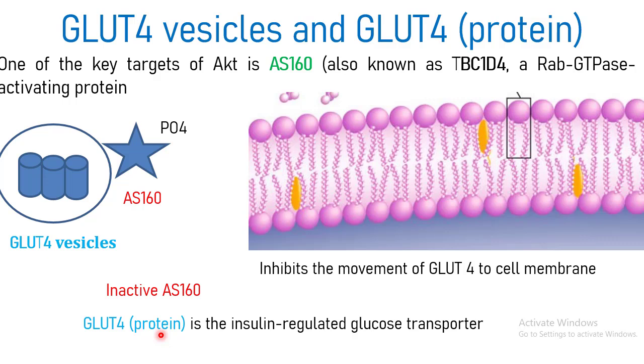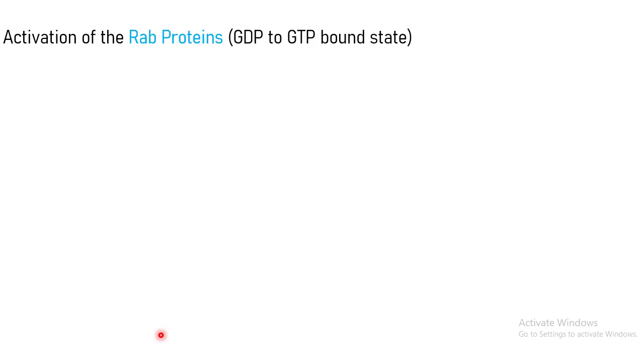Now, when the AS160 gets inactivated, this is actually responsible for the activation of the RAB proteins. Think of these RAB proteins as guides. They are actually responsible for guiding the movement of the GLUT4 vesicles toward the cell membrane.